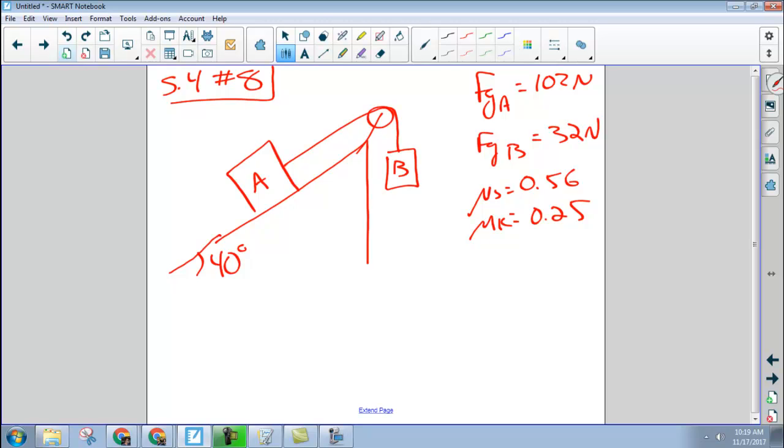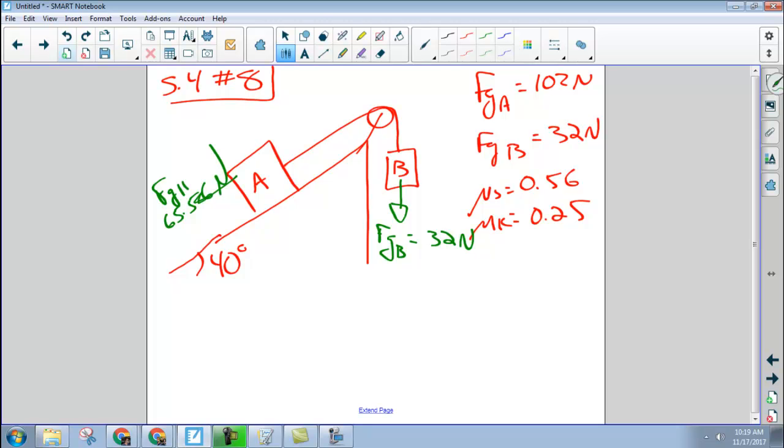I guess we should probably figure out the forces on our system here. So let's see. The force of gravity on B is 32 newtons, right? Over here, I care about my FG parallel on A, which is going to be 102 times the sine of 40. 102 sine 40 gives you 65.56.